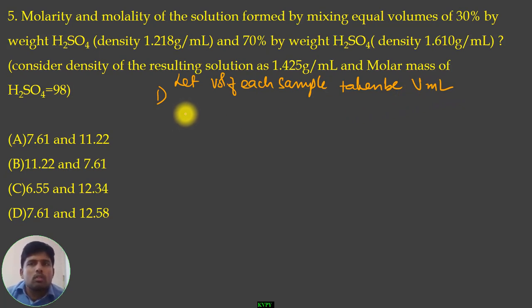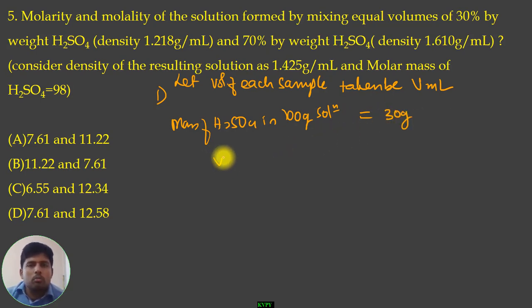So mass of H₂SO4 in 100 gram solution is equal to 30 grams. Volume of solution has to be calculated by mass by density.